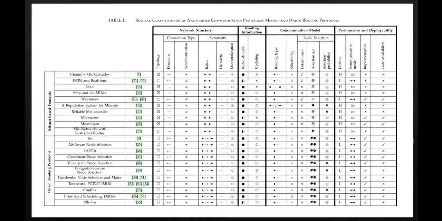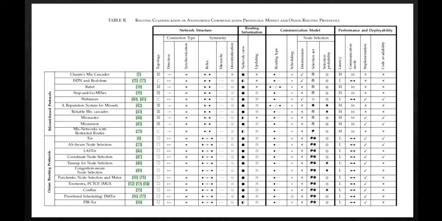In Mixnet based protocols, existing routing strategies can be classified into free routes and mix cascades. Whether a connection exists between two nodes or not is based on the routing of the message. So in the figure, you can see that only Web Mixes and restricted route mix networks are partially connected.